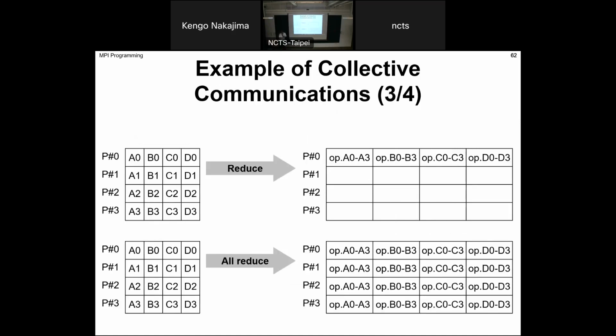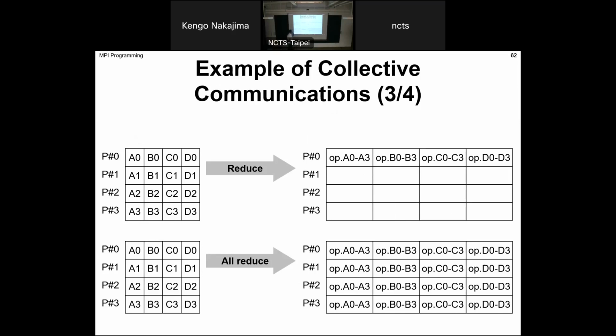Next are reduce and all-reduce. Reduce does some types of computation, such as a dot product, so it's a reduction. We have this type of vectors on each process, and in the case of reduce, all the results are gathered into process 0.